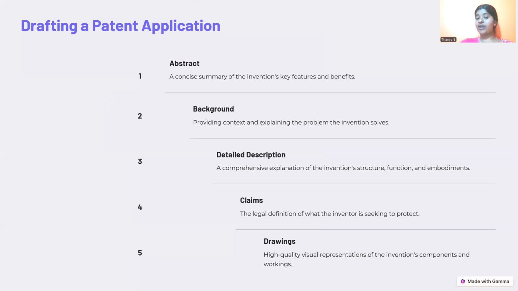Next is background, providing context and explaining the problem the invention solves. Next is detailed description, a comprehensive explanation of the invention's structure, function, and embodiments. Next is claims, the legal definition of what the inventor is seeking to protect. So it is known as claims. Next is drawings, high quality visual representations of the invention's components and workings.